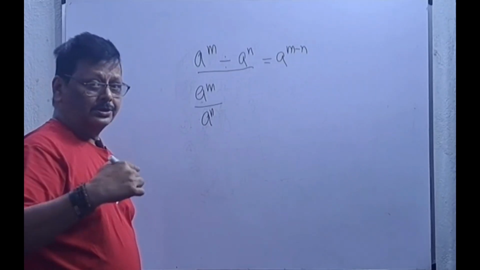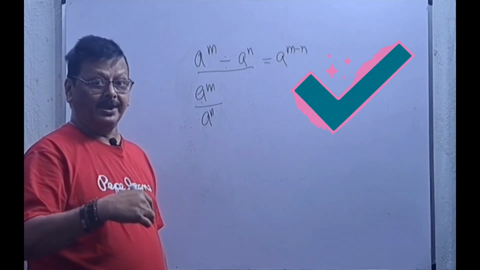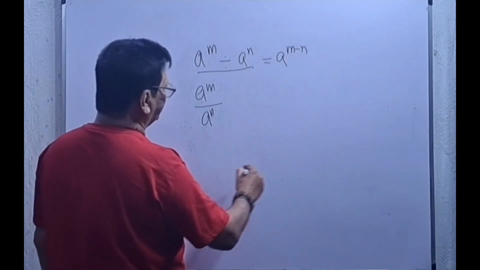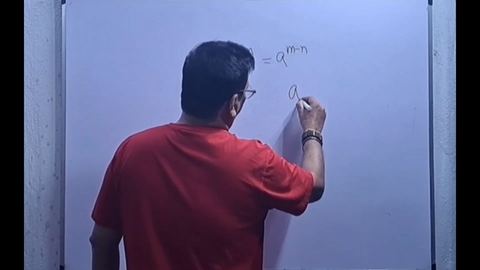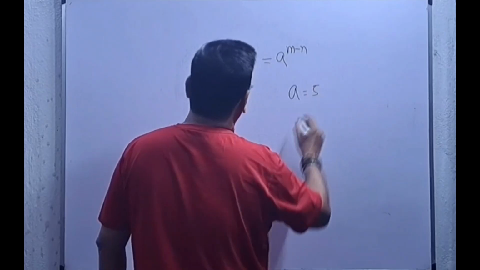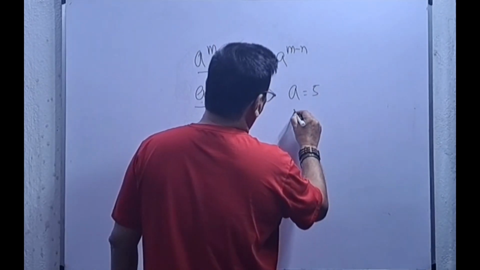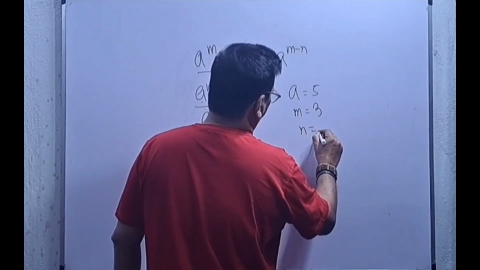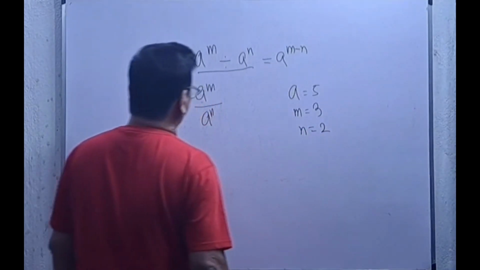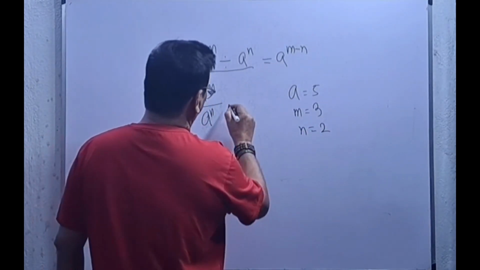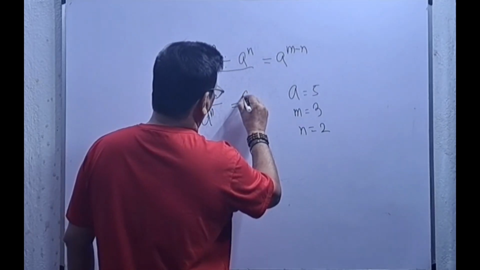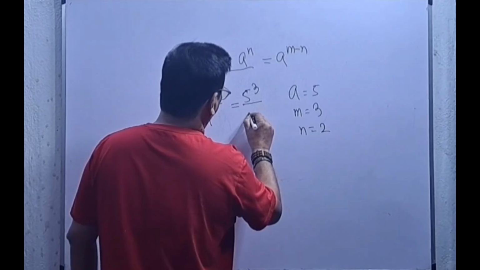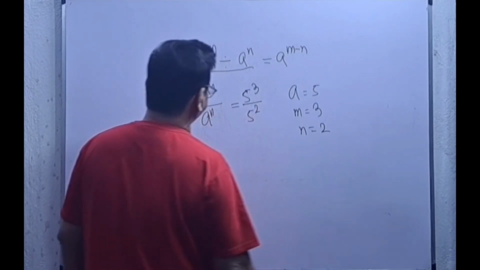The concept of negative index I am bringing in, which we will discuss later on. Now suppose a is equal to 5, m is equal to 3 and n is equal to 2. If you replace here, we get 5 to the power of 3 divided by 5 to the power of 2.